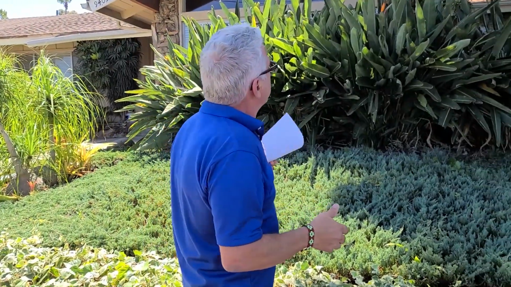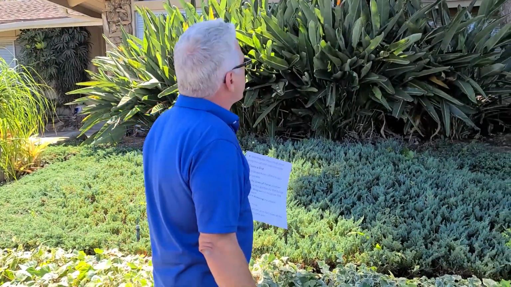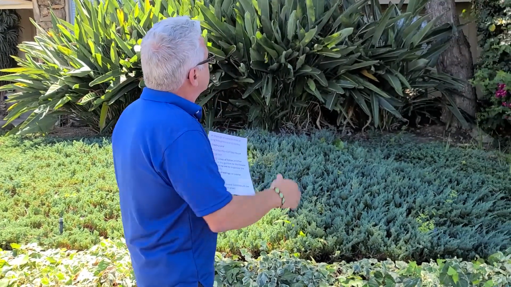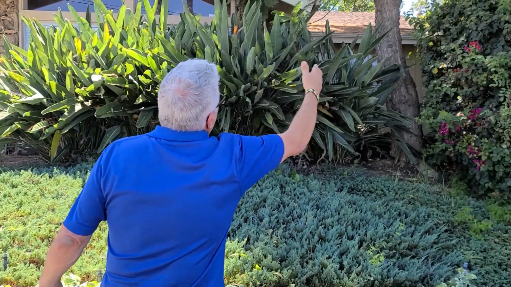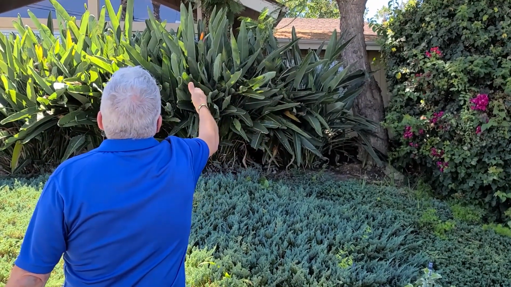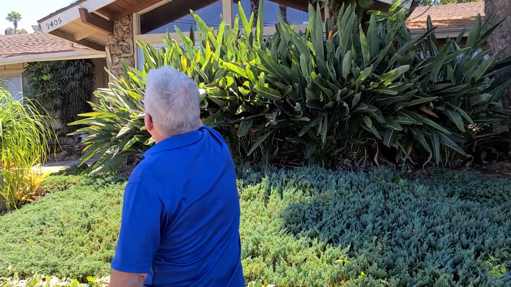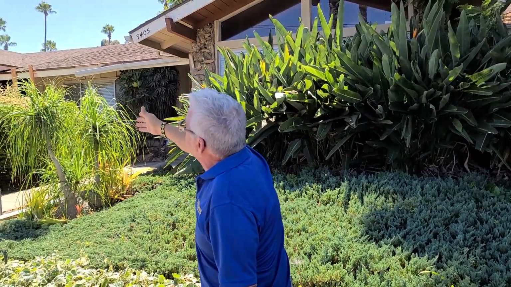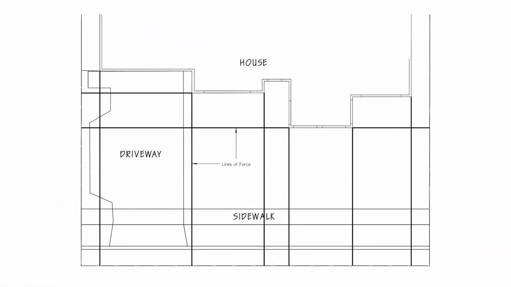First of all, we can look at, for example, the distance from that end of the house to here, and from here to there is about the same, and from there to there is about the same, and from there to there is about the same. So that's starting to give me a sense of a proportion, and I can try to create a grid.